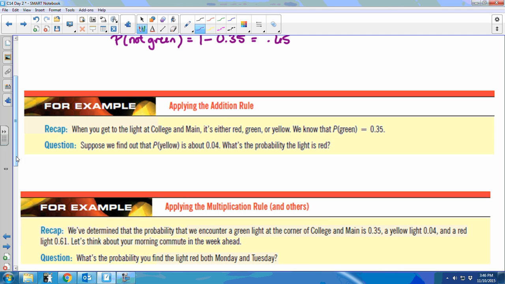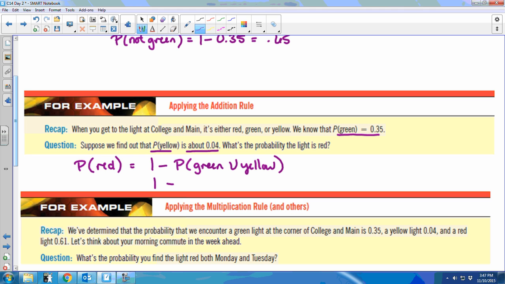When you get to the light at College and Main, it's either red, green, or yellow. We know the probability of green is 0.35, and we find out the probability of yellow is 0.04. So what's the probability the light is red? The probability the light is red would be 1 minus the probability that it's green or yellow.